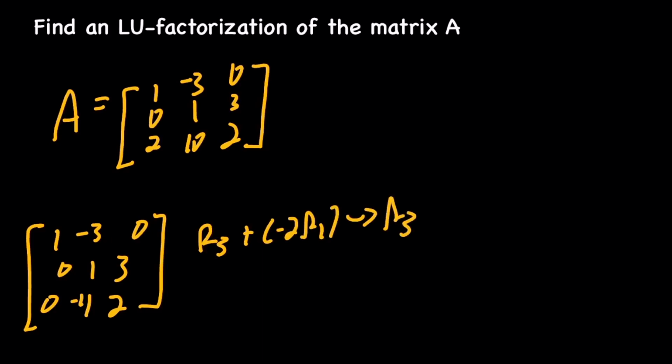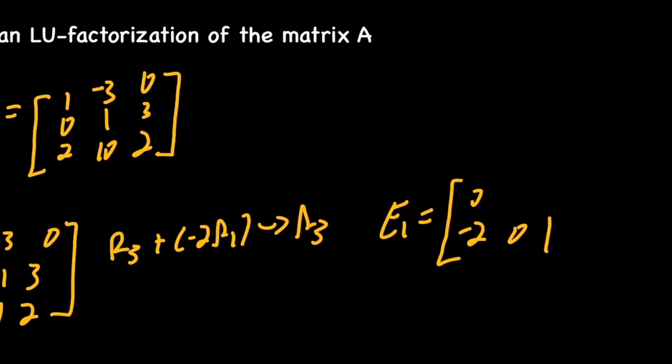Now, what does this mean for our elementary matrix? You're just grabbing the same operation you did and applying it to an identity matrix. And that will be your elementary matrix. So, therefore, this will be our third row, and rows 1 and 2 will be the same.